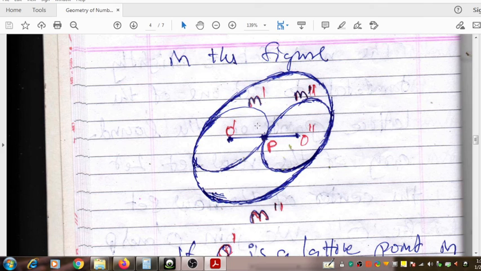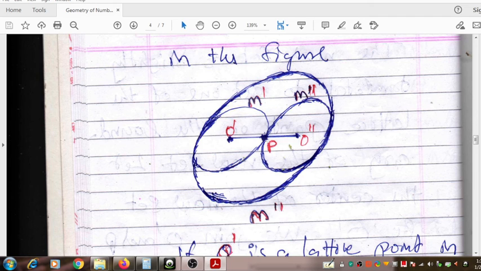How do we get it further? Again, there exist n minus 1 lattice points belonging to this set, and corresponding lattice points belonging to the set M double prime. If we pair Q prime here with Q double prime, we get the pair Q prime Q double prime. Similarly, you can pair all other lattice points, and in total n minus 1 pairs of lattice points will be there.